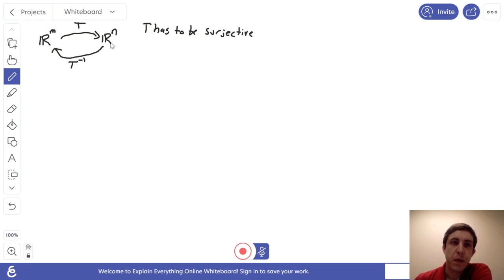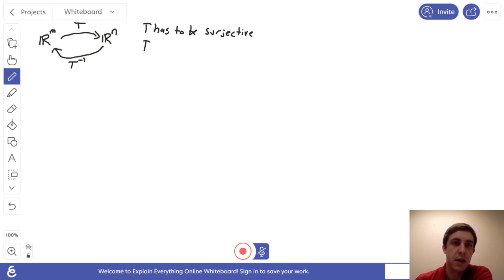The other issue that could happen is that I need to have somewhere to go back to, but one thing that could go wrong is if I have choices of where to go back to. If I have two things in Rm that T maps to the same place, then I don't know where I'm going to send the thing from Rn back to. So what we need is for T to send different vectors to different places.